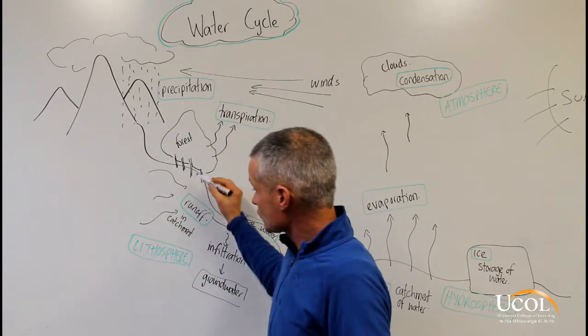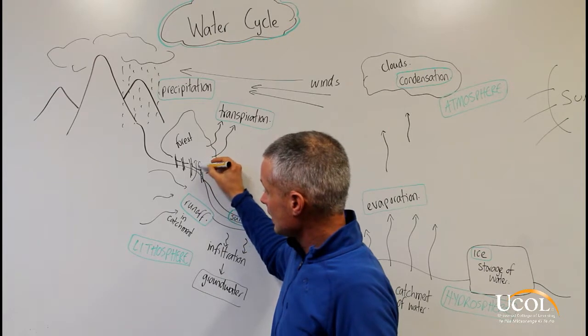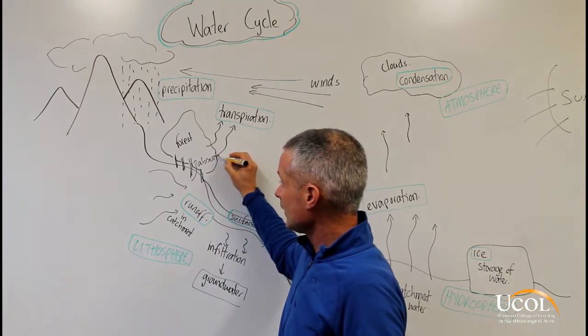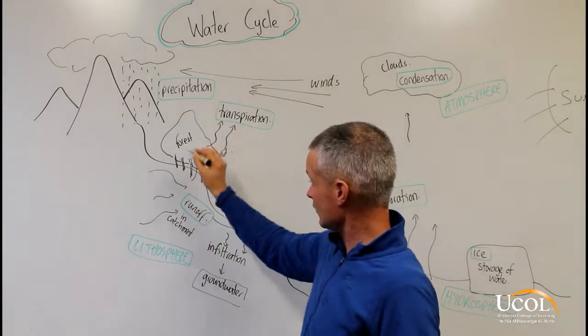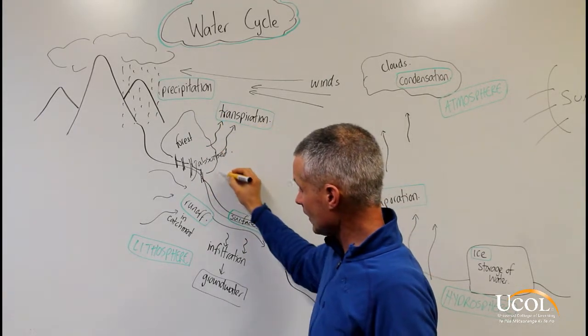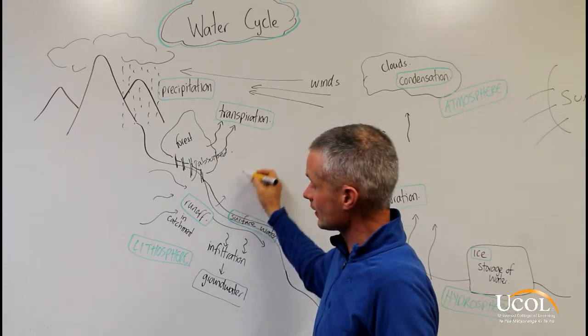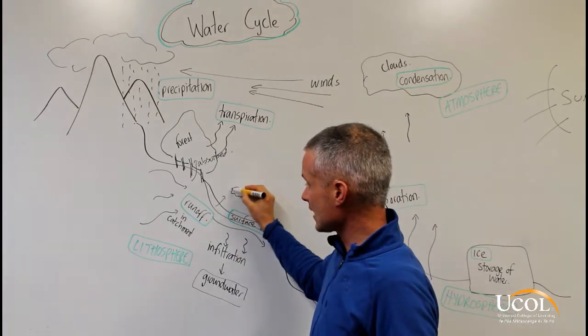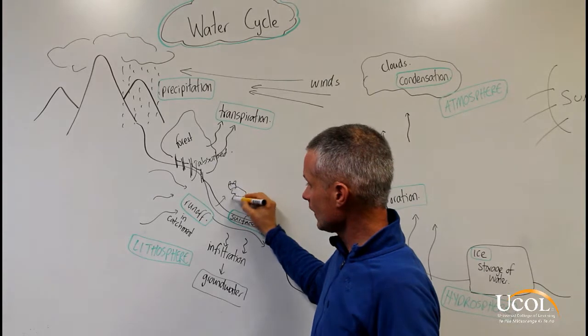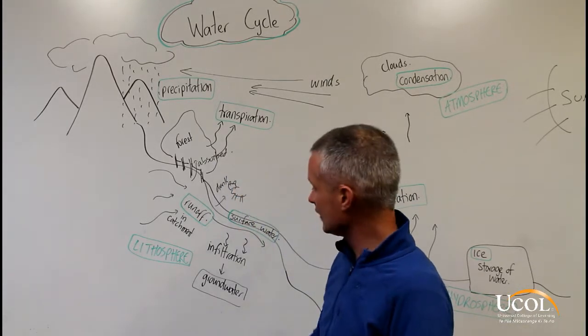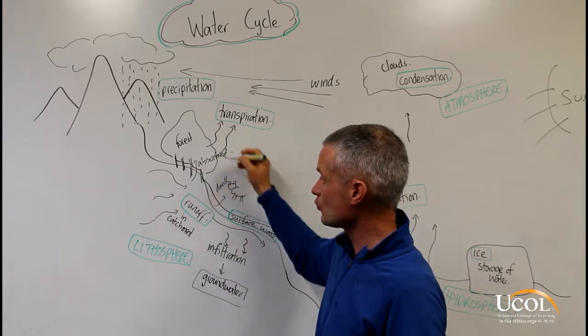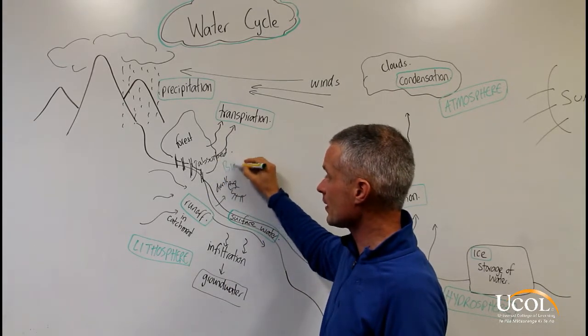But in the process, water is also going to be absorbed by plants and be converted along with carbon dioxide into sugars, and also the water will be drunk by various animals, and through the process of being drunk by animals or being absorbed by plants, it's going to enter the biosphere.